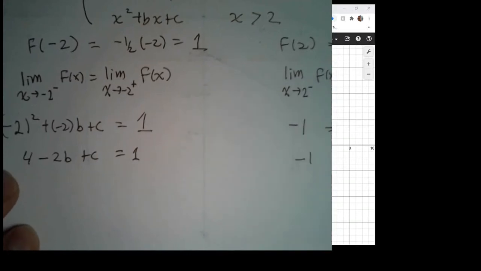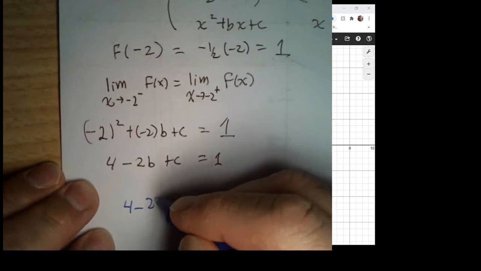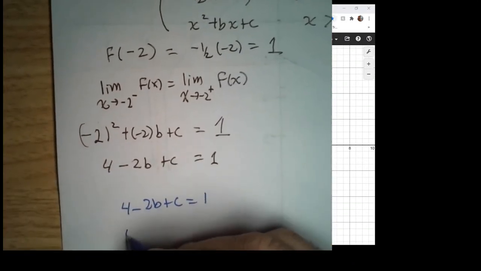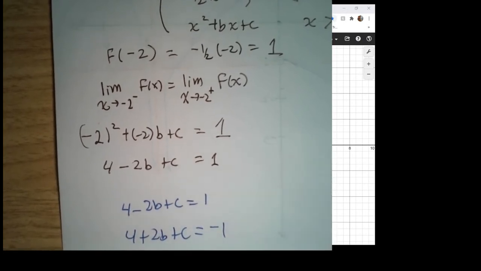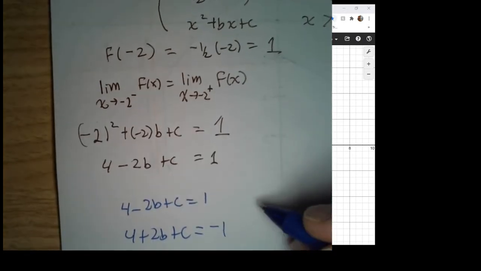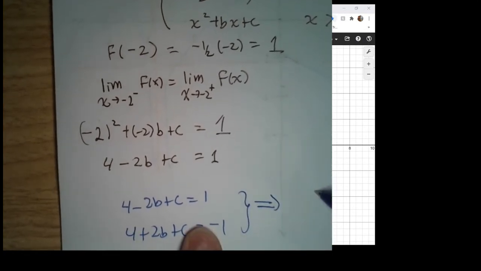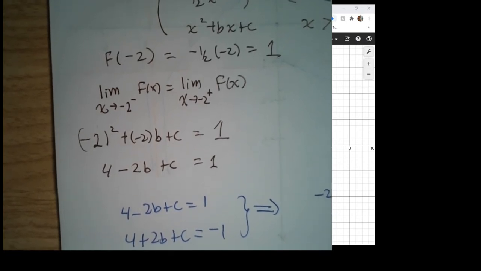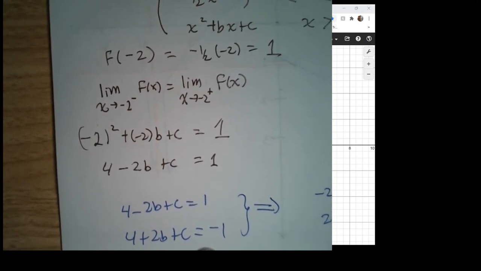We'll have 4 minus 2b plus c equals 1, and 4 plus 2b plus c equals negative 1. Now I'm going to subtract 4 from both sides: negative 3 and negative 5.